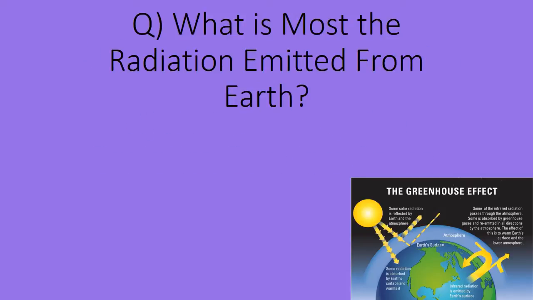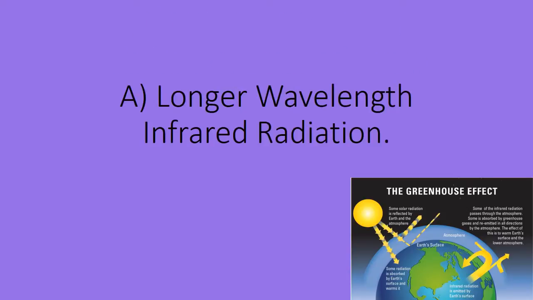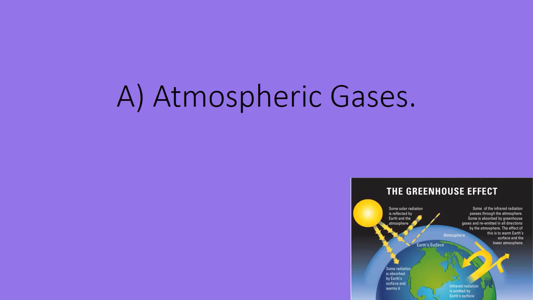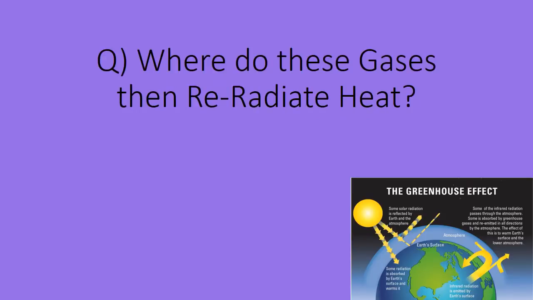What is most of the radiation emitted from Earth? Longer wavelength infrared radiation. What is a lot of it absorbed by? Atmospheric gases. Where do these gases then re-radiate heat?